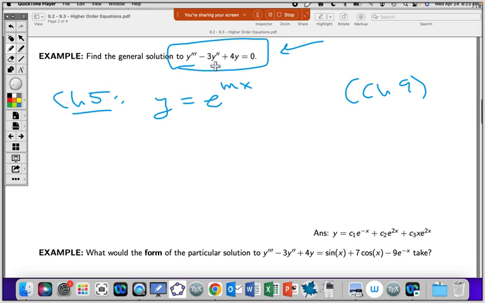You stuff that in, we're going to get the same sort of auxiliary equation, ancillary equation, characteristic equation that we had before. When you take 3 derivatives of e to the mx, you're going to get a factor of m each time. And then, likewise.